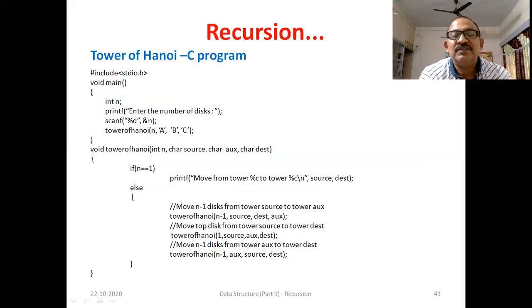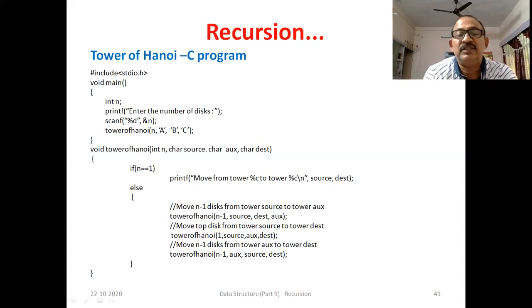And in the next case, we move the top disk from source to destination, and here the auxiliary is the intermediate. Directly we solve this problem. Okay. In the next case, we move the n-1 disks from auxiliary to the destination tower.